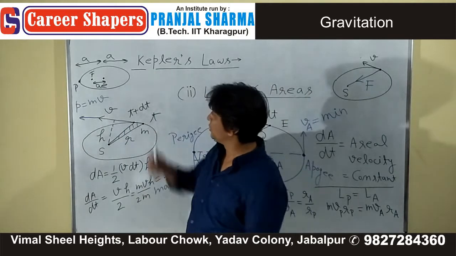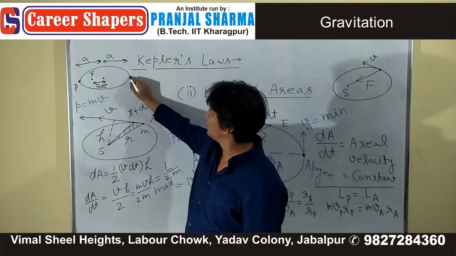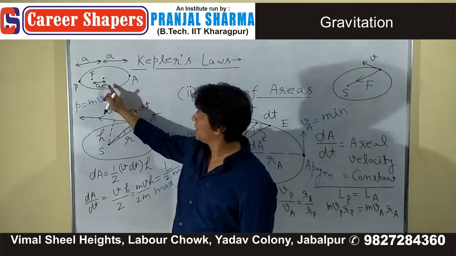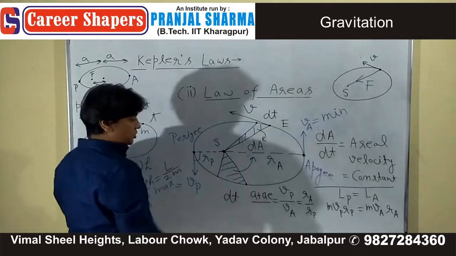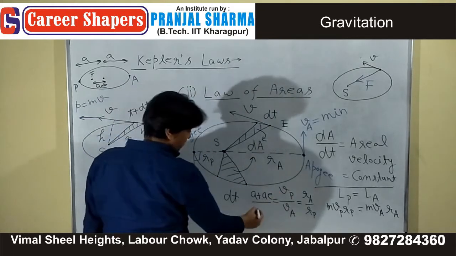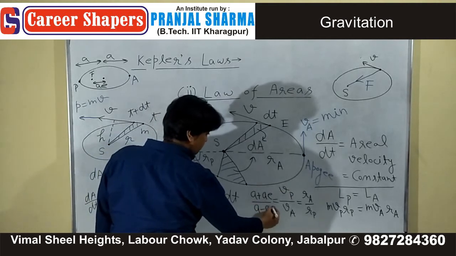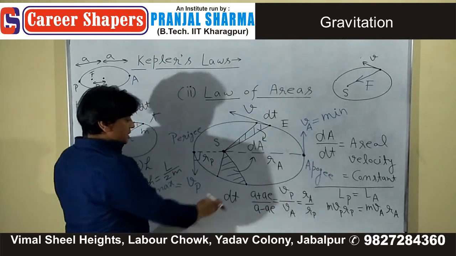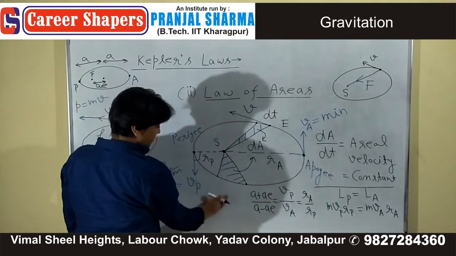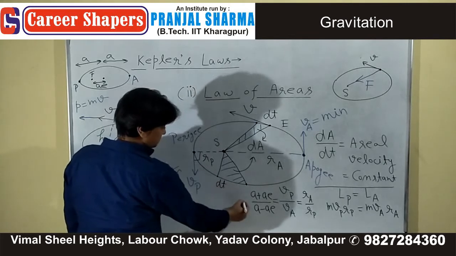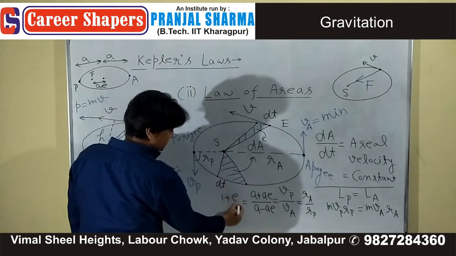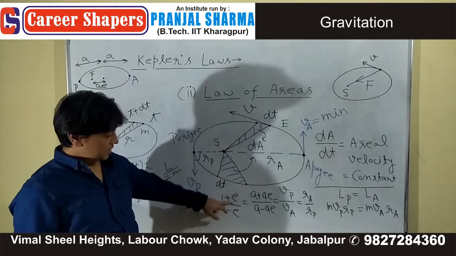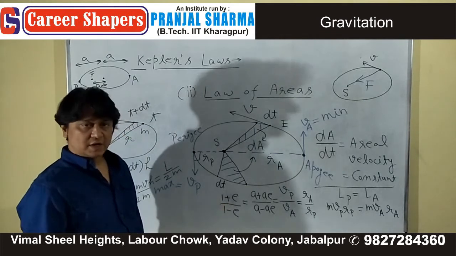When you go for the distance of apogee, you can see that this is A and this is AE, and therefore the numerator is A plus AE, and the denominator is A minus AE. That gives us VP upon VA, which is 1 plus E divided by 1 minus E.